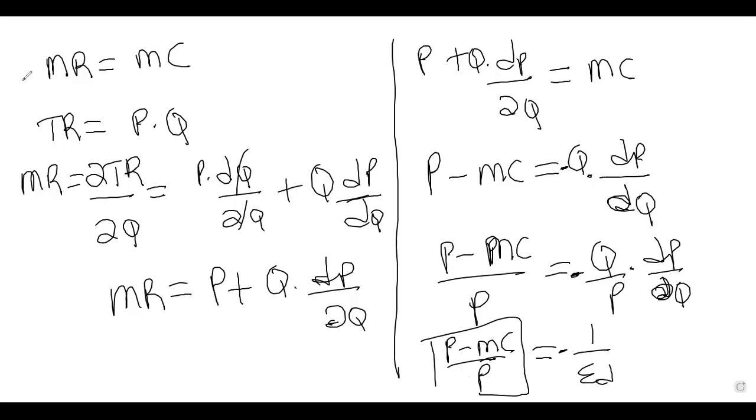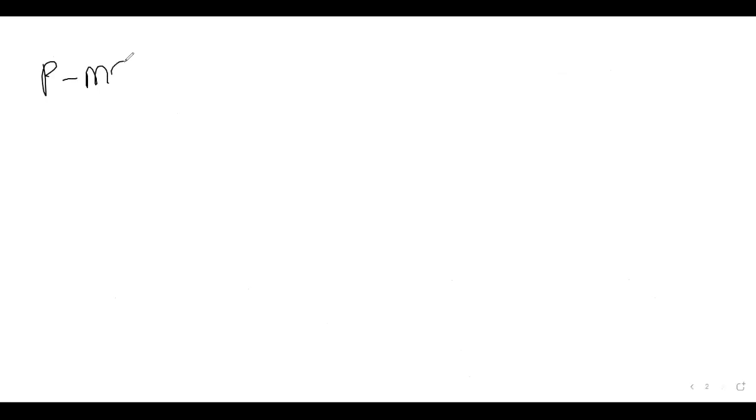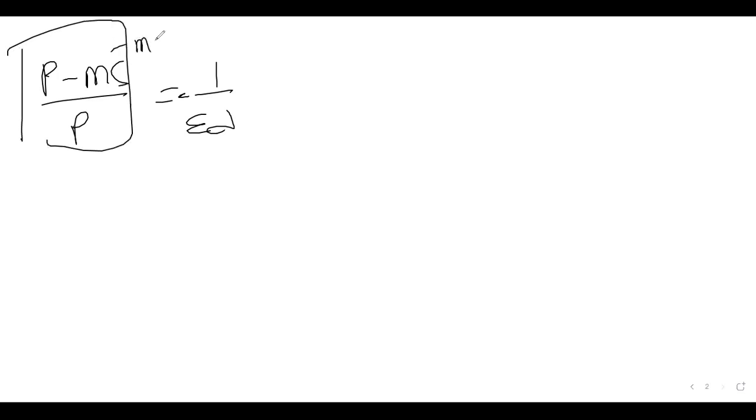Now let's do further analysis. So establishing that price minus marginal cost over price is equal to 1 over elasticity of demand, think about it mathematically. Let's look at this whole thing as the market power, okay? I want us to recognize that if the denominator of a fraction increases, the whole fraction will begin to reduce.